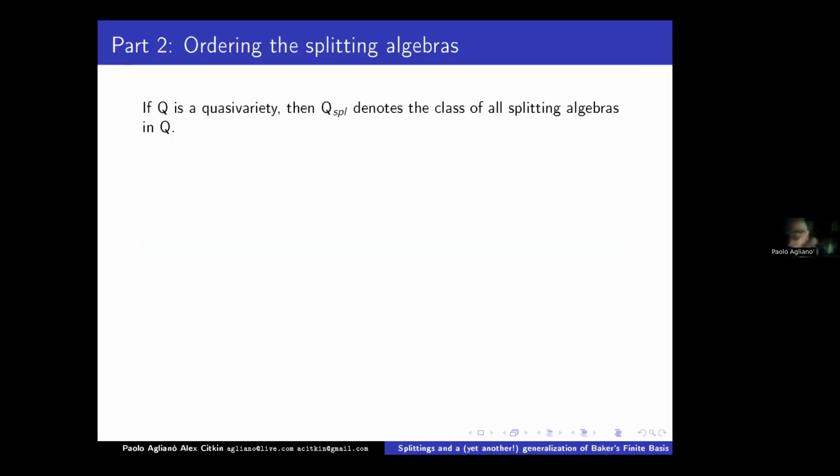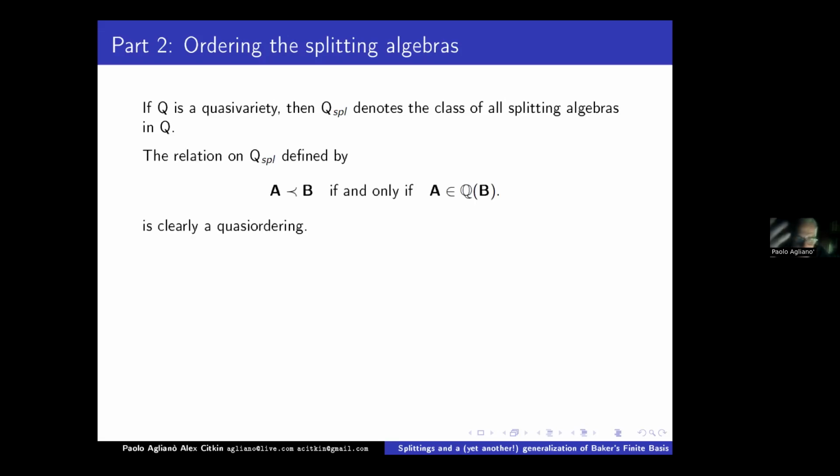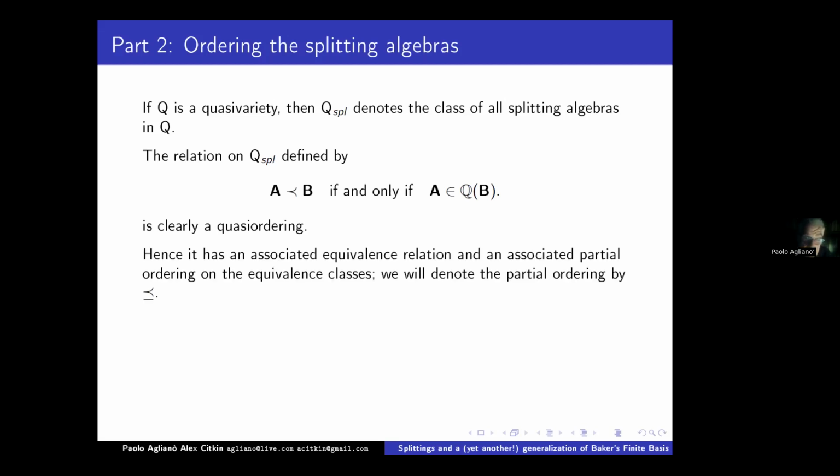Now that we have talked a little bit about the general properties, let's try to do something with it. What can we do? Well, take a quasi-variety Q and consider the class of all splitting algebras in Q. Now, we can define a quasi-ordering in the obvious way: A is less than B if and only if A belongs to the quasi-variety generated by B. That's a quasi-ordering, so it's got an associated equivalence relation and an associated partial ordering on the equivalence classes.